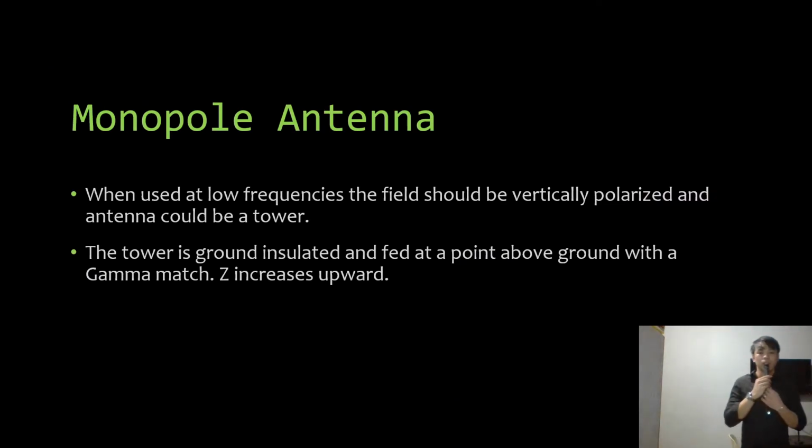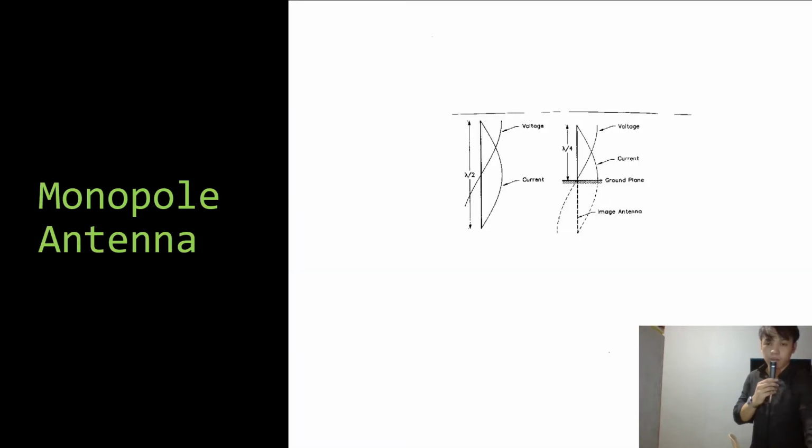When it is used at low frequencies, the field should be vertically polarized, and the antenna could be a tower. And the tower is ground insulated and fed at a point above the ground with a gamma match, and the impedance increases upward. So this is the basic principle of a monopole antenna.